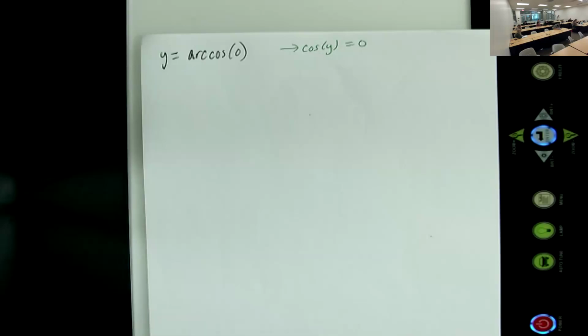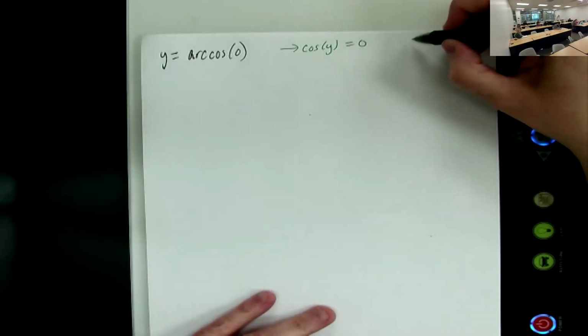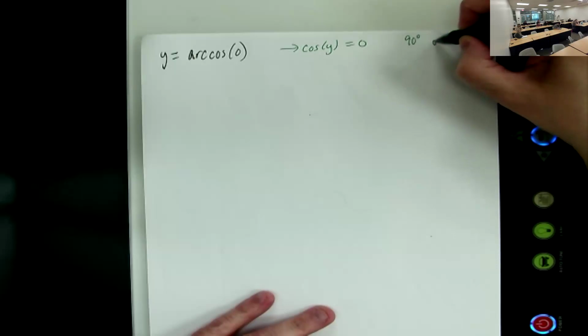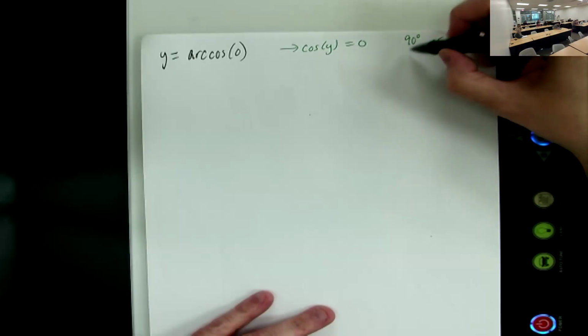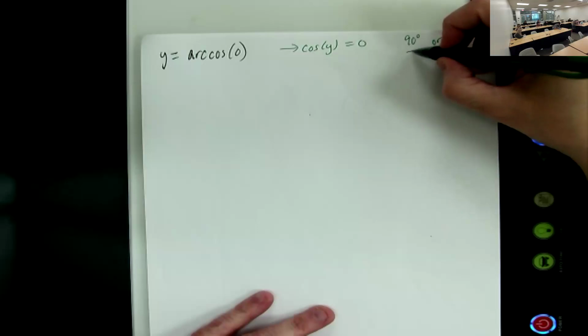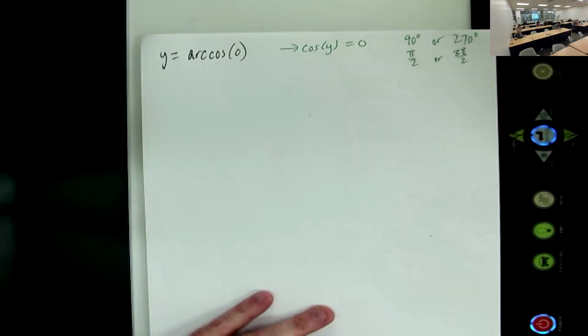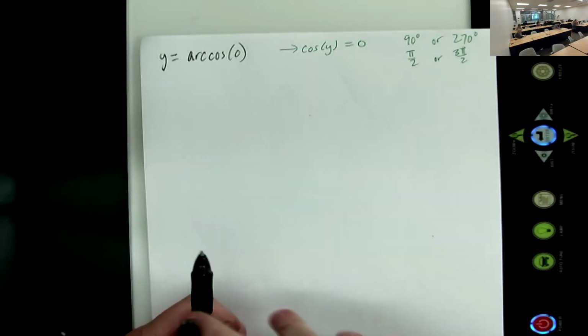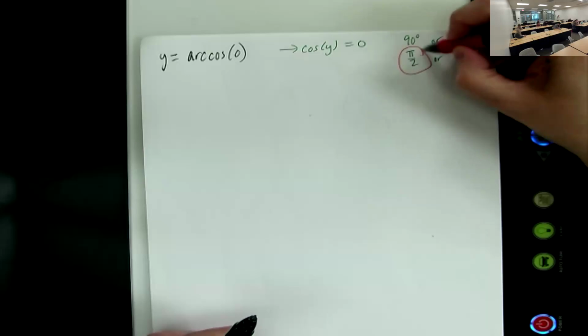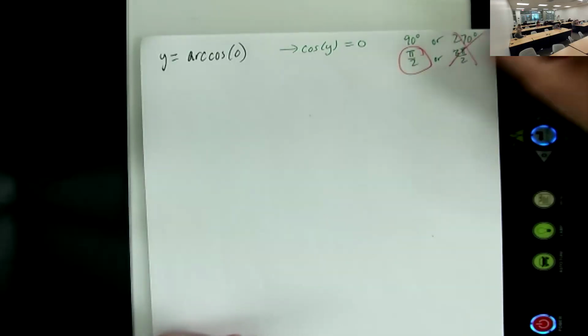What values of cosine have 0? On the unit circle, it's straight up and down, right? So 90 degrees or 270, which would be pi/2 or 3 pi/2. But we're only going with pi/2, because our domain stops at pi, so that one's out.